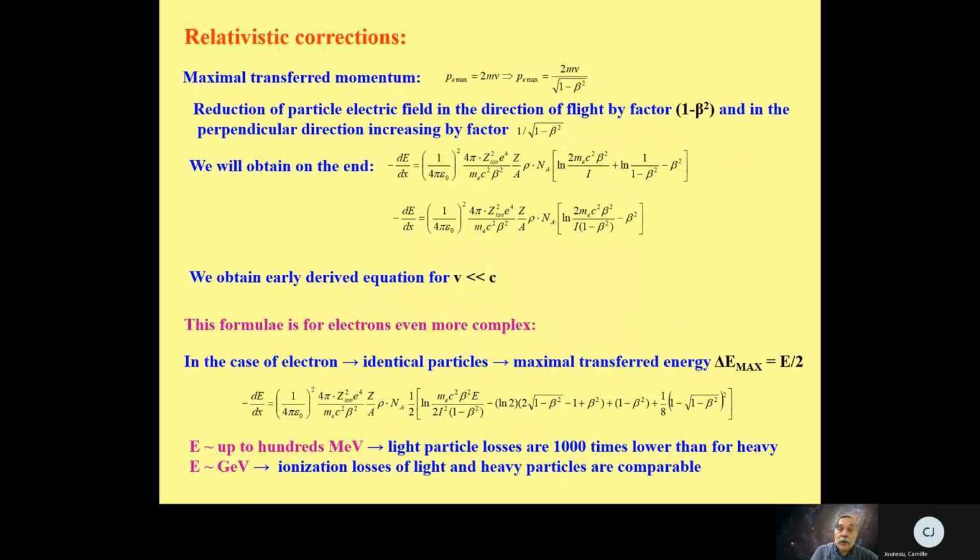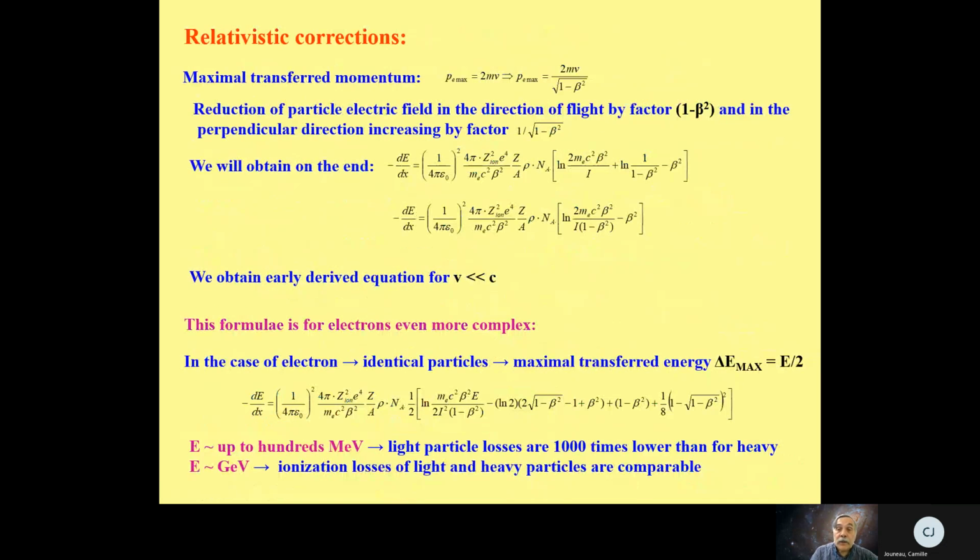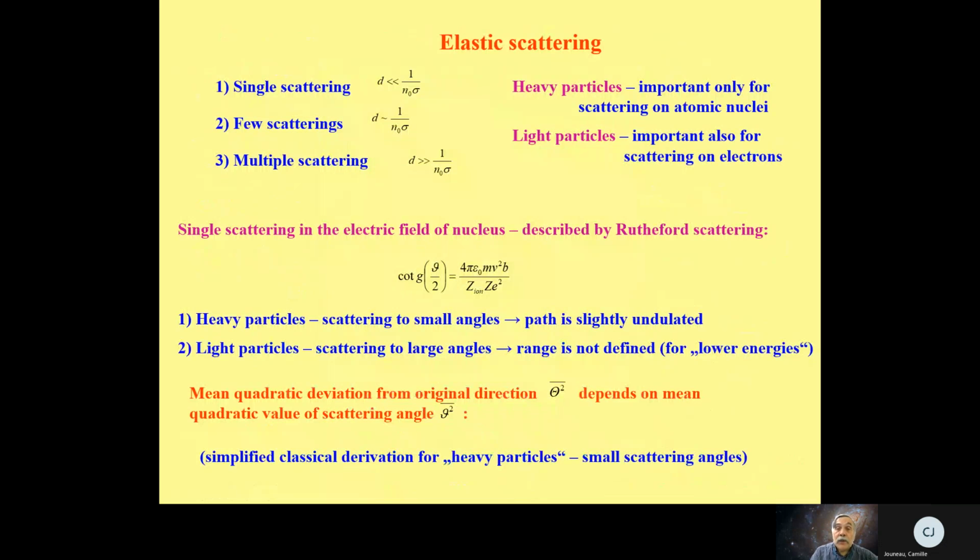I said during this description that the influence of scattering of a heavy particle on electrons will be negligible, that means small. For light particles, it is a different situation. Here scattering on electrons is also important.